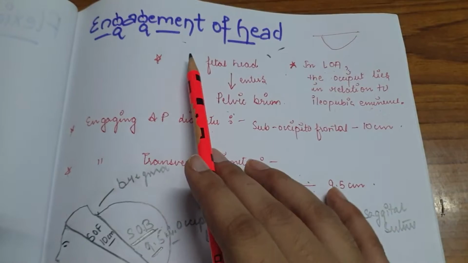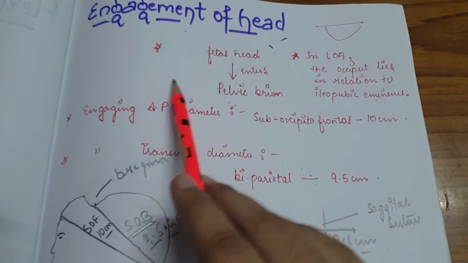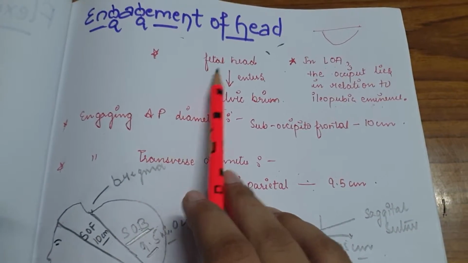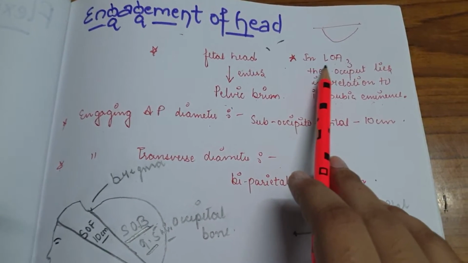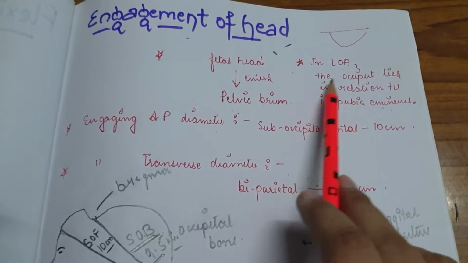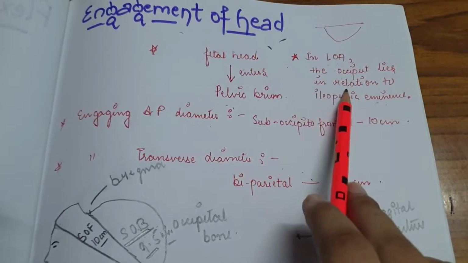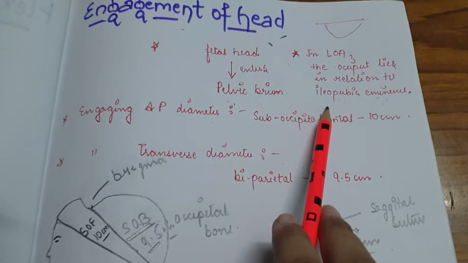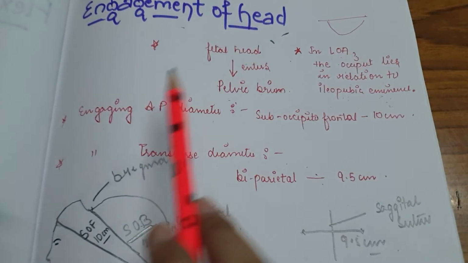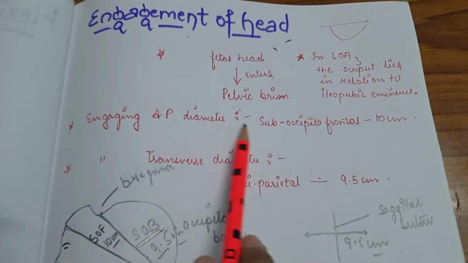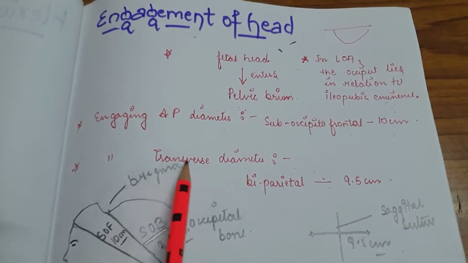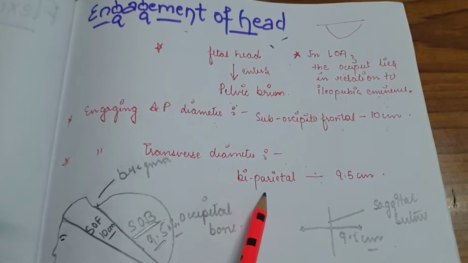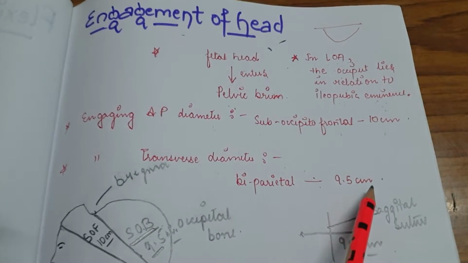So in the engagement of the head, when the fetal head enters into the pelvic brim, that is known as engagement, and the normal position is left occipito-anterior, in which the occiput lies in relation to the iliopubic or iliopectineal eminence. The engaging anteroposterior diameter is suboccipitofrontal, that is 10 centimeters, and the engaging transverse diameter is biparietal, that is 9.5 centimeters.